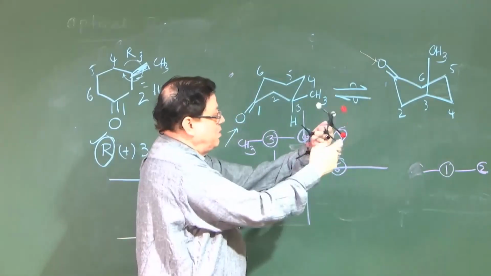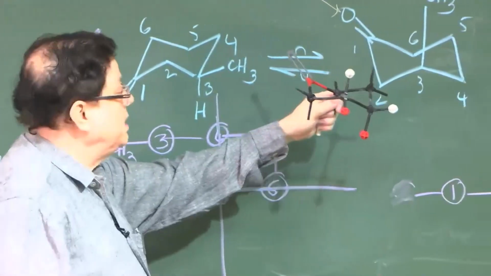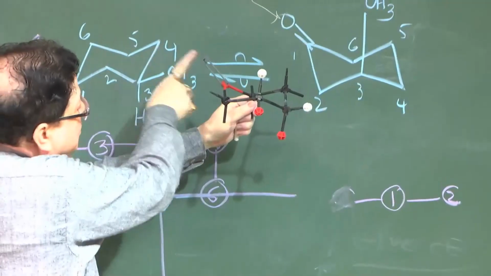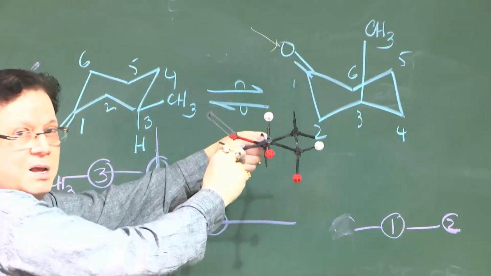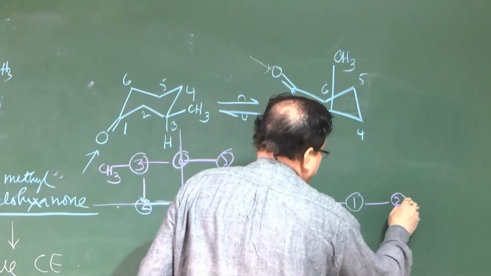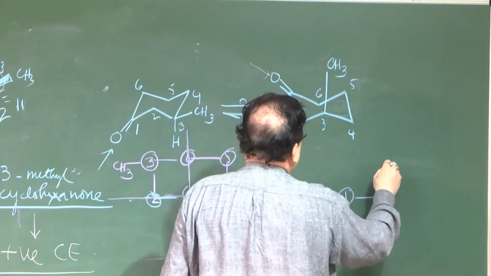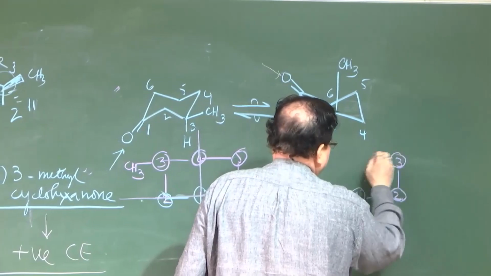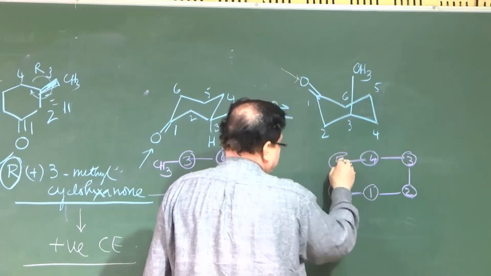Let us again draw it. It is basically shown like this. So, I am looking from this direction. So, this carbon comes to the right and the other carbon here comes to the left. Okay. So, you complete that. 2 will be here and this will be your 6. Then you complete: 2 is joined to 3, 3 is joined to 4, 4 is joined to 5 and 5 is joined to 6.